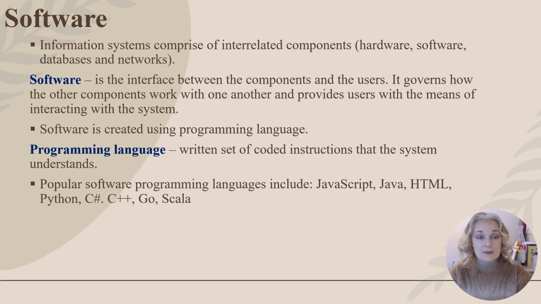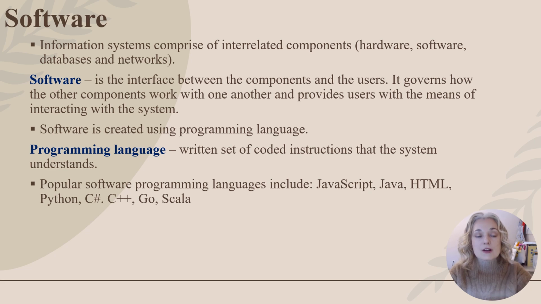Now let's talk about software. Please remember that our information systems are comprised of numerous parts, and those parts include hardware, software, databases, and networks. And when we discuss software in this course, we're talking about the interface between the components and the users, so individuals, employees.